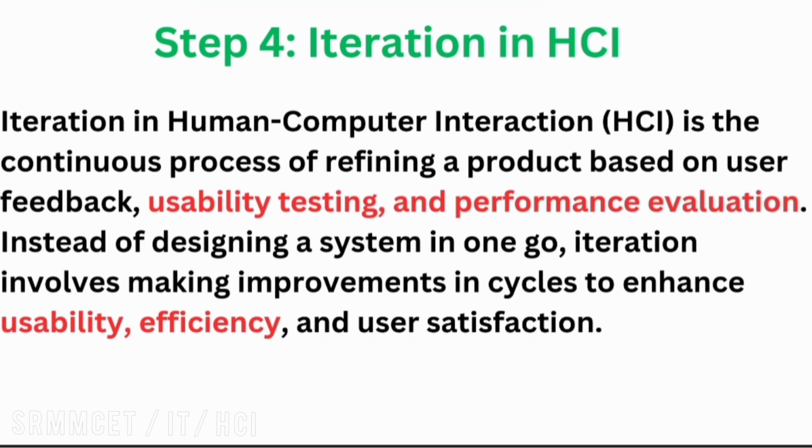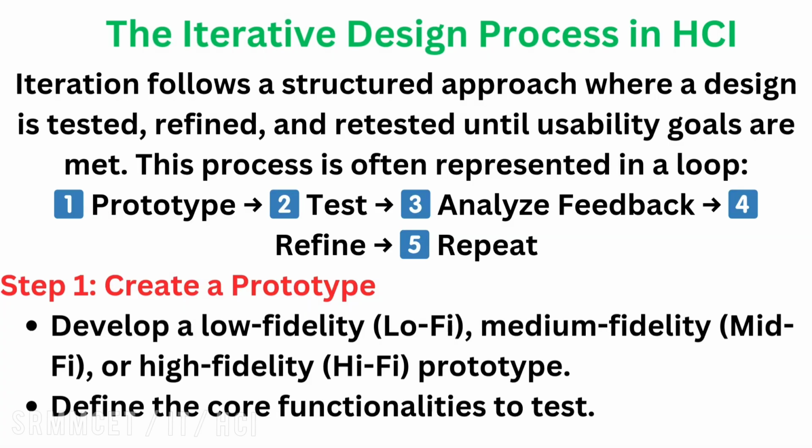Instead of designing a system in one go, iteration involves making improvements in cycles to enhance usability, efficiency and user satisfaction. Iterative design process in HCI steps. First one is prototype, second one is test, third one is analyze feedback, fourth one is refine, and fifth one is repeat.